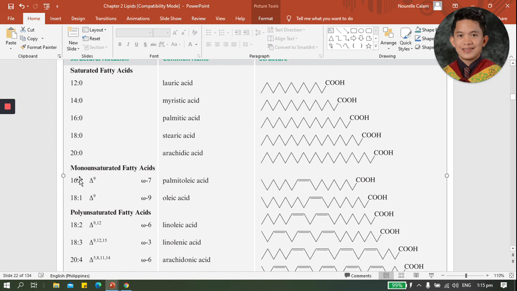We take a look at the delta notation. So from the carboxyl end, the double bond is after the ninth carbon. Now, if we use the omega notation, from the methyl end, the double bond is after the seventh carbon.